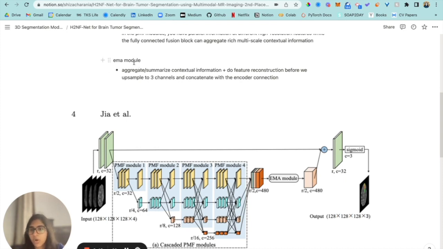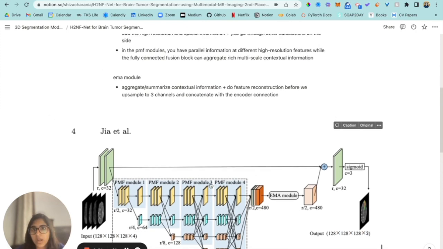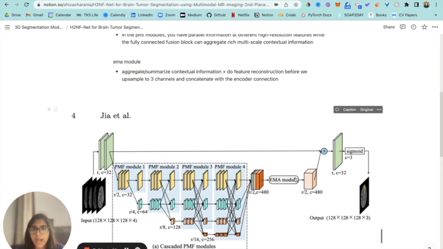And the EMA block module is essentially aggregating all the contextual information that you get over here. When you have the parallel information at the different high resolution features, and the fully connected fusion block, which is getting all the contextual information, you're gathering all of them at the EMA module.